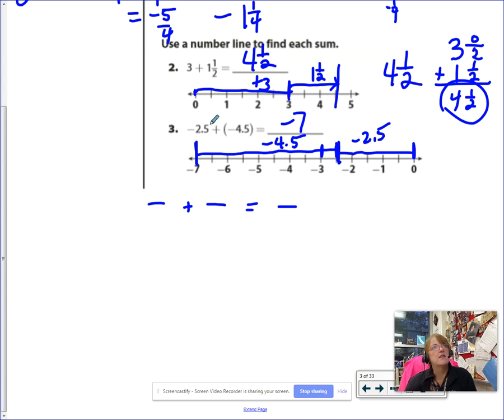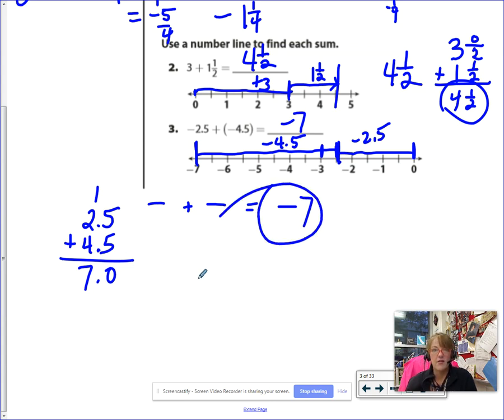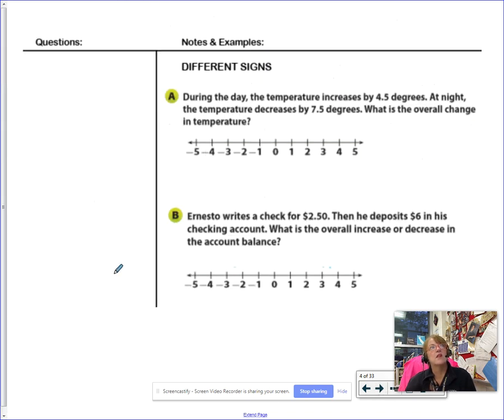Then what I recommend is take the absolute value of each of these, the 2 and 5/10, the 4 and 5/10, line them up, and you get 7 and 0/10, or just 7. But remember, my sign has to be negative. All right? So pay attention to your signs as well as what you're doing math-wise.